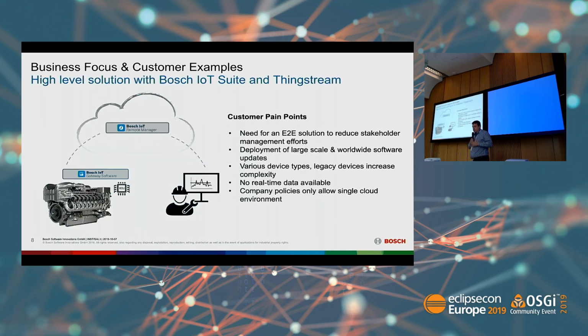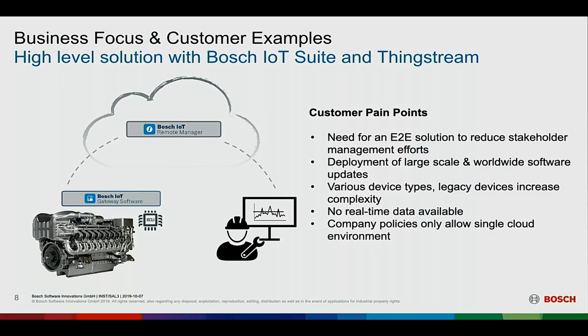So what we do here is basically we have these large engines, and again, this is just an example. They could be much larger. They have ECUs on there that do different functions. And then we have on-site our IoT gateway software stack based on OSGi, obviously.